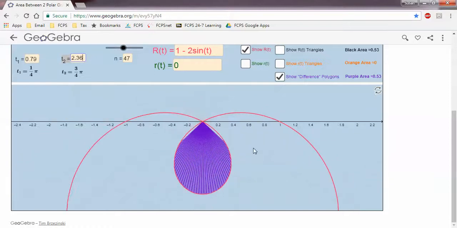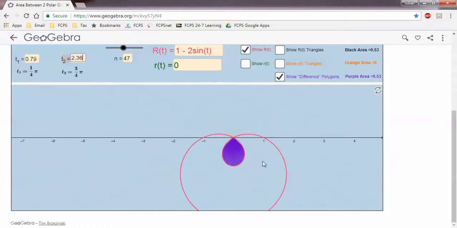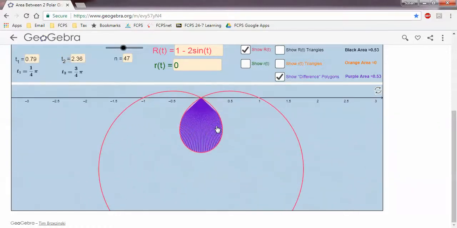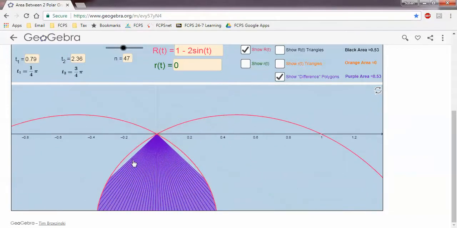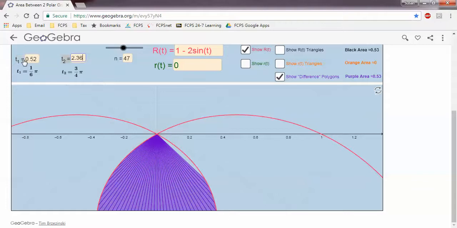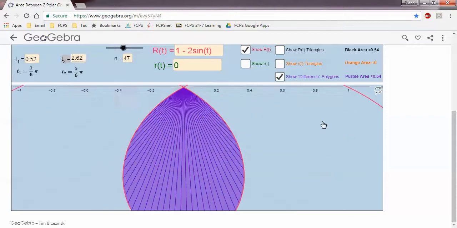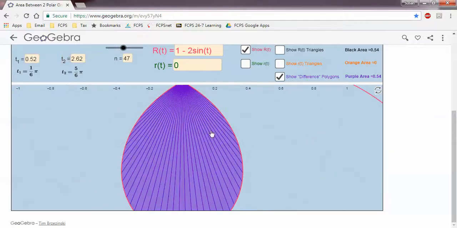But we weren't zoomed in enough, we were far out, so they didn't see that it didn't include extra little pieces, right? So make sure we go pi over 6 to 5 pi over 6. Okay, and then that gets you your loop perfectly. I'm going to do it for you.